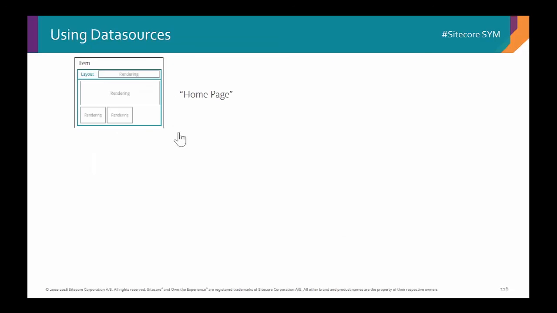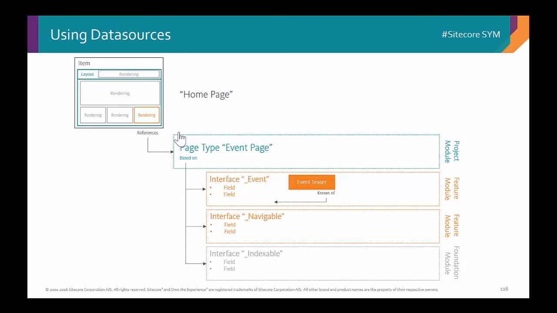Right, so data sources. So now we're on the home page and we're inserting a rendering, an event teaser. The rendering called event teaser. Now that needs a data source. So the data source window pops up and we select an event page.